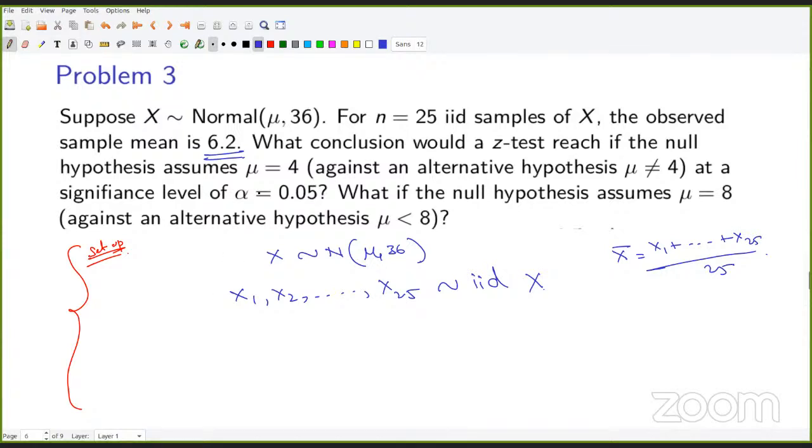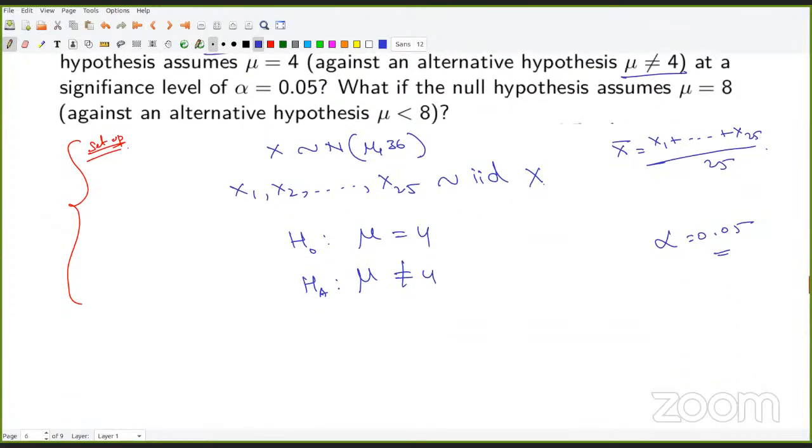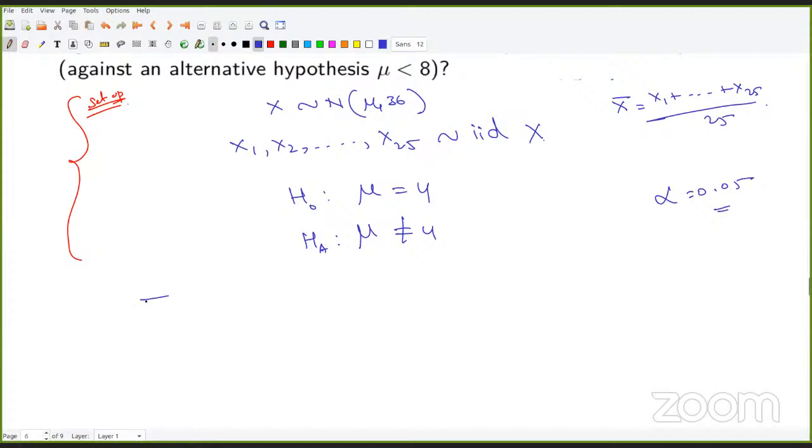What conclusion would the z-test reach if the null hypothesis is mu equals 4 and the alternative is mu not equal to 4, at significance level alpha equals 0.05? What if the null hypothesis is different? That is the second case, but this is the first question. So what is the test now?